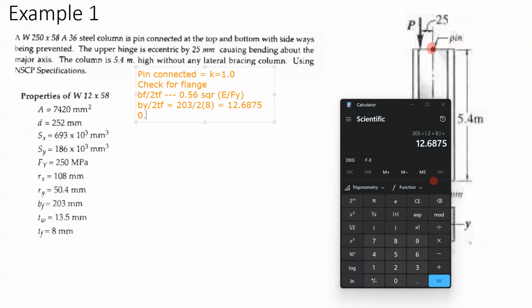And then let's check 0.56 square root of E over Fy. A36 steel, so Fy is 250, and E is 200,000.